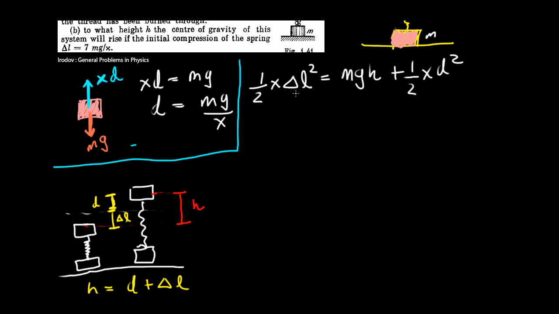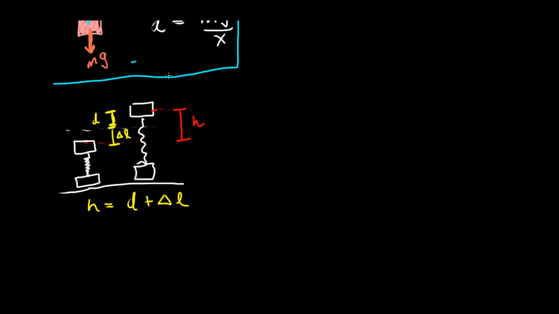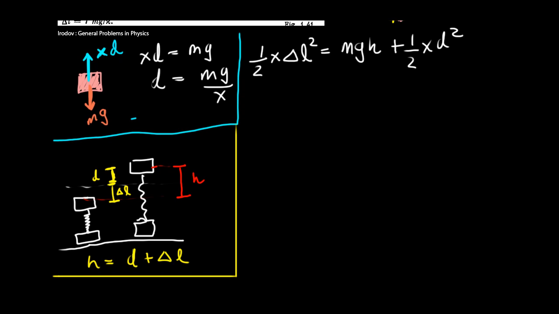Okay, so let's substitute d back now here. D is mg over x, so let's substitute that, and I'll also make this aside here. Half x, for now I'll call it L because it's kind of tedious to write, is equal to mg times h, which is d plus delta L. That's what I said there.